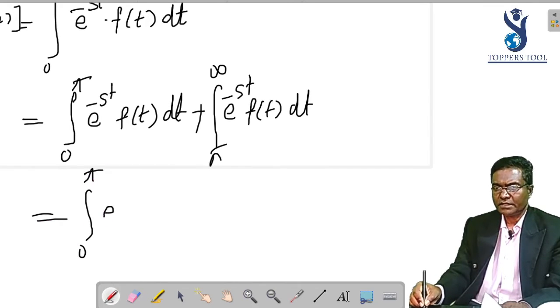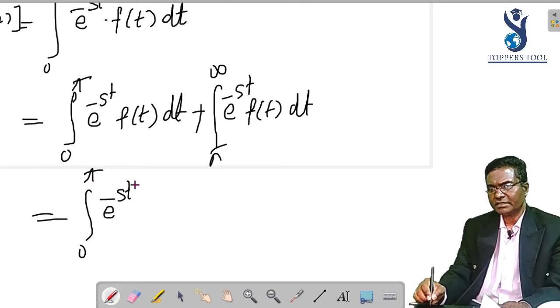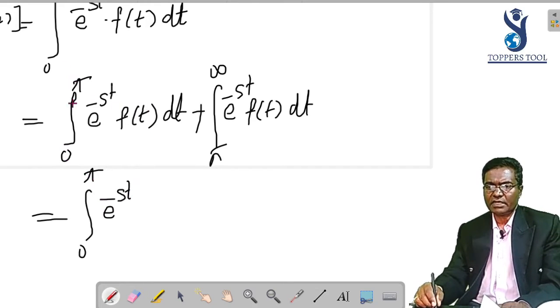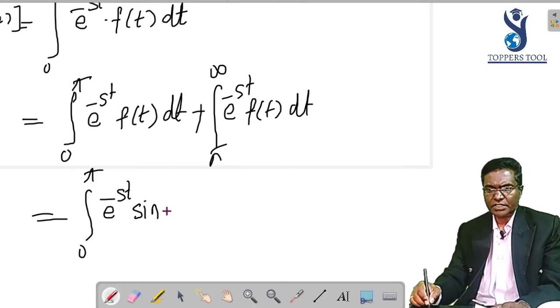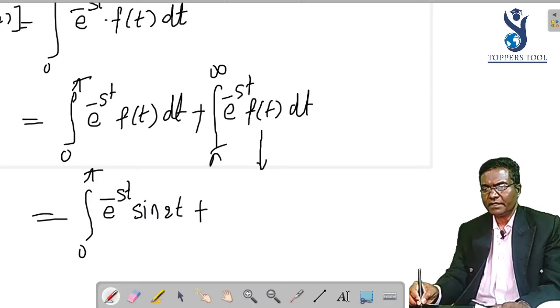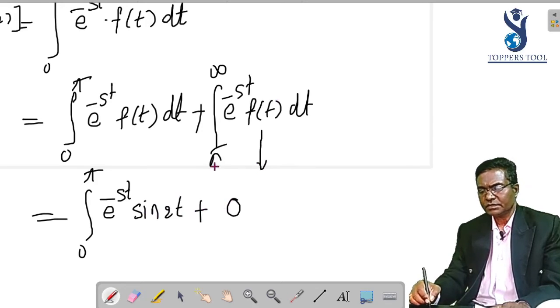Zero to pi e power minus st, f of t in this interval is given as sine 2t, and in this interval f of t is 0, so I can write it as 0. When t is greater than pi, f of t is 0, so this term becomes 0.